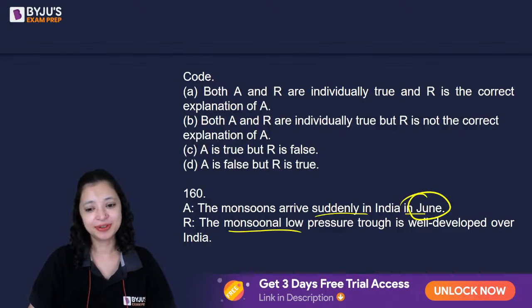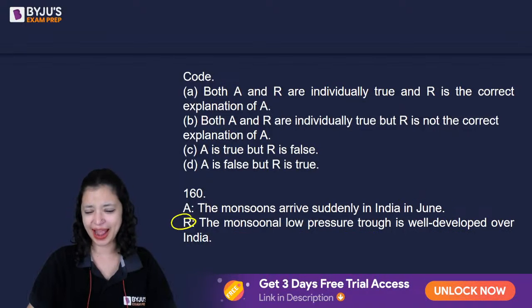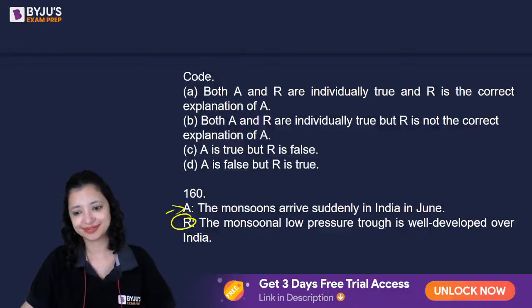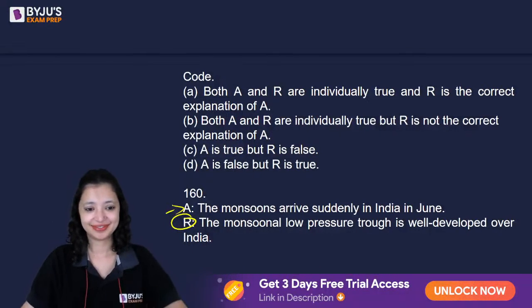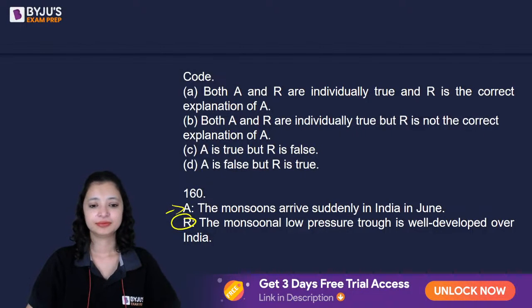But the monsoon low pressure trough is well developed over India. Now, see if R actually is the reason for A being true. Check it out. Bengaluru, not Mumbai.